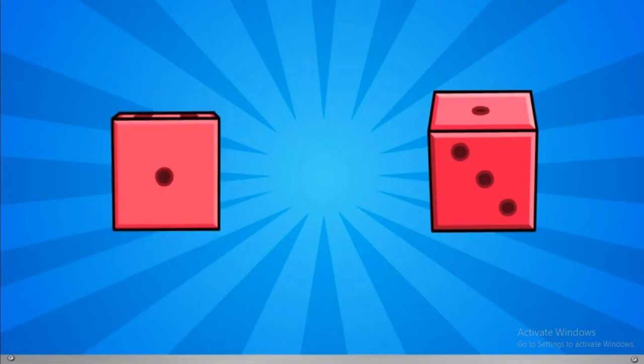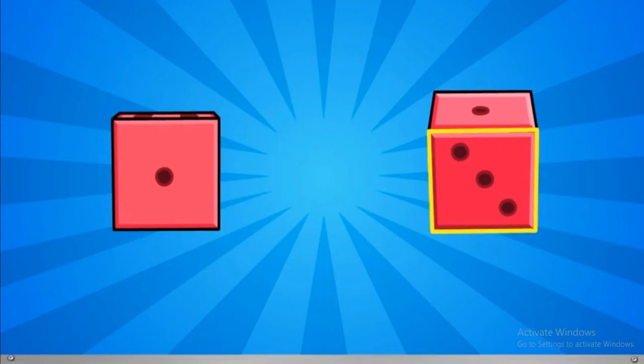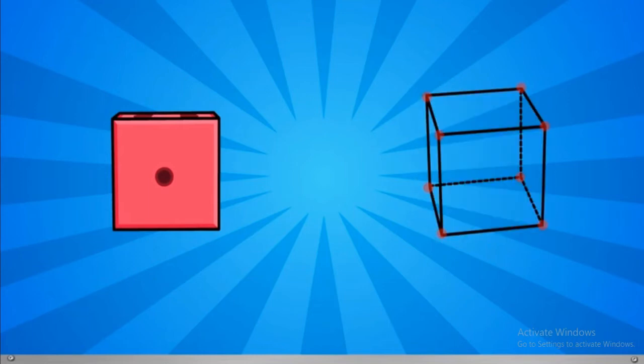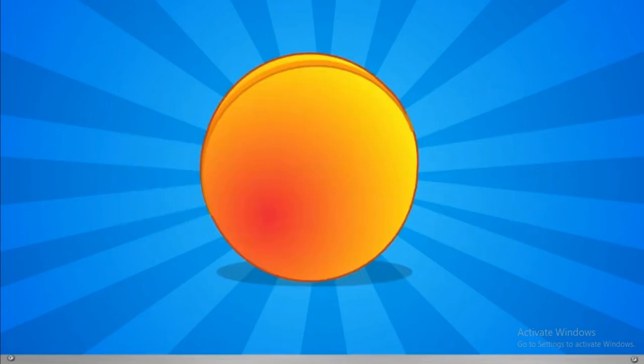The die is a cube and this also has 6 faces and 8 corners. Can you say how many faces a ball has? That's right. A ball does not have any face or corner.